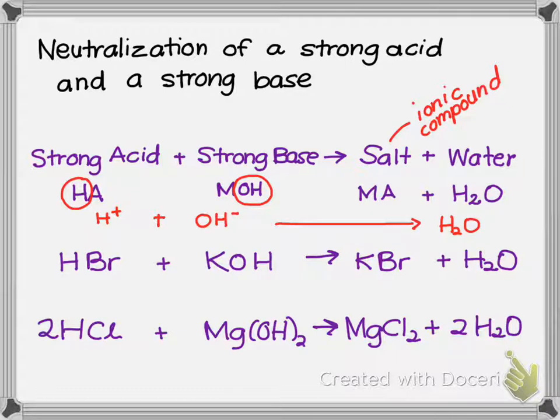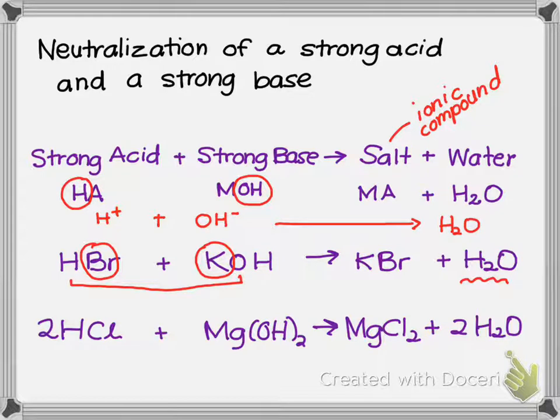Here are two examples. You see that the H is reacting with the OH. That's making your water. It's always making the water. And then you also make a salt. The salt comes from the metal, which is the K, and it's going with the Br.